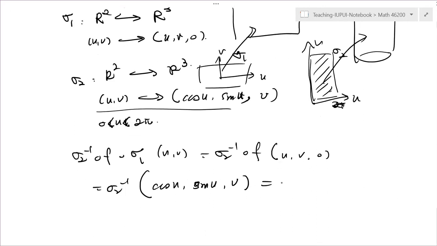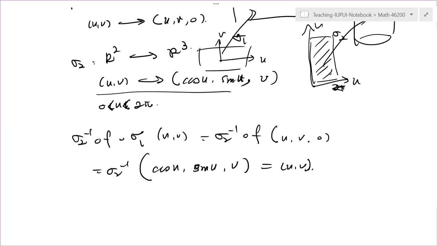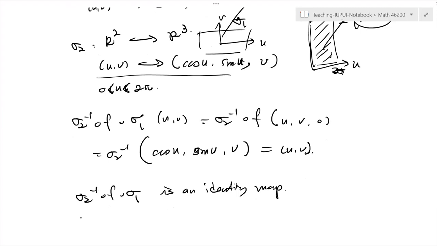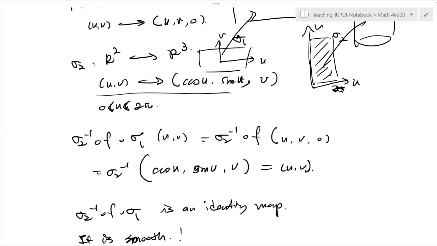So clearly this is just equal to (U, V). So actually this is the identity map, sending (U, V) to (U, V). Of course it's smooth, it is an identity map. Clearly it is smooth.